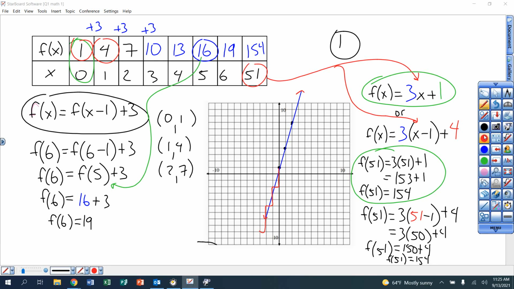If I was to go backwards to the -1 term for x, or the -2 term for x, again taking that 1, 1 minus 3 would give me negative 2. Negative 2 minus 3 will give me negative 5. Those points should be on there too. Negative 1 for x, negative 2 for y, a little bit more precise. Negative 2 for x, negative 5 for y. All those points are on that line.